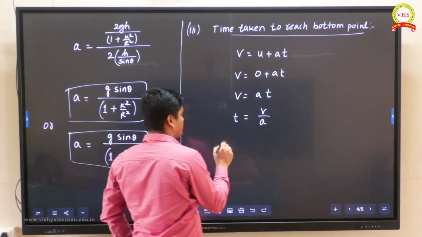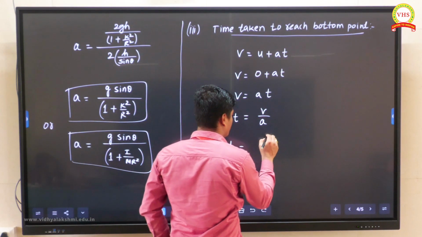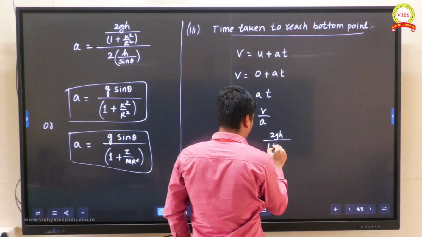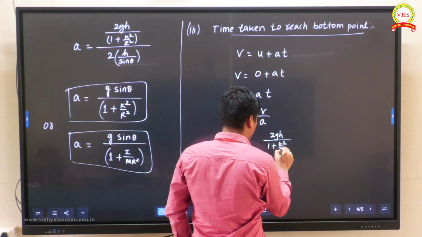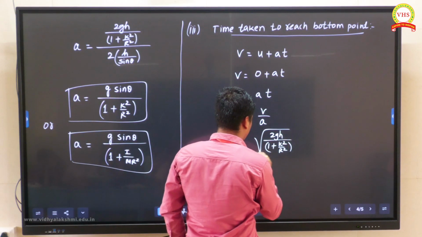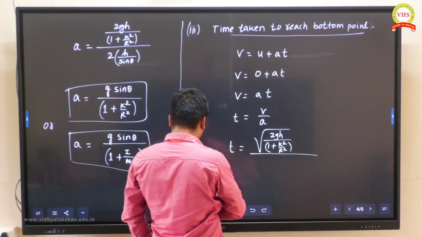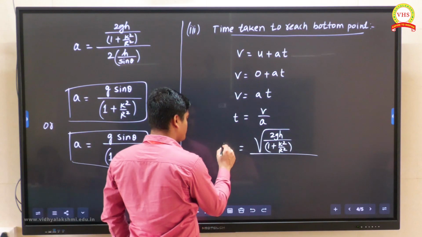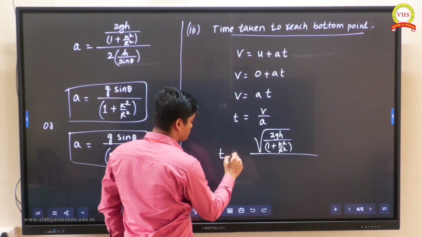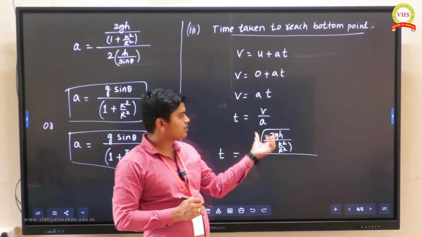So let me substitute here. So t, v equal to how much you know? Root under 2gh into 1 plus k square by r square, or I by m r square, root you take, divided by, and already you know the a value.